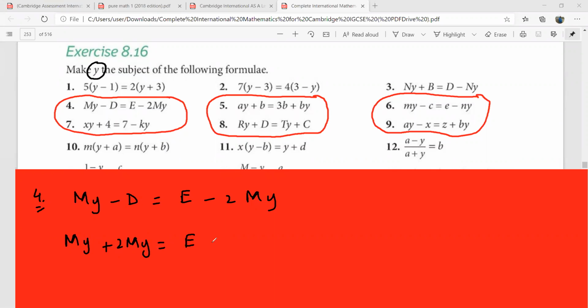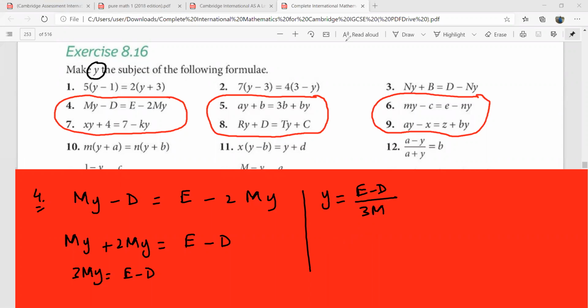And the terms which are non-y ones have to be on the right hand side. Once you have things like this, you can simplify them. Otherwise, we mostly have to take common from here. So this is going to be 3my, that is equal to e minus d. Therefore, your y would be e minus d over 3m. That is how you make this y the subject.